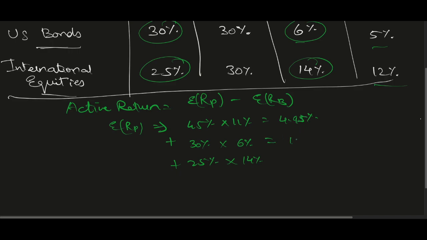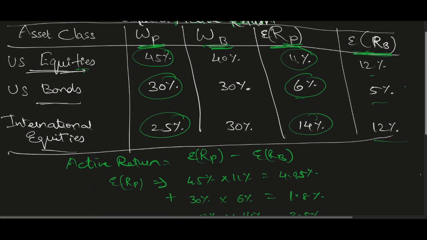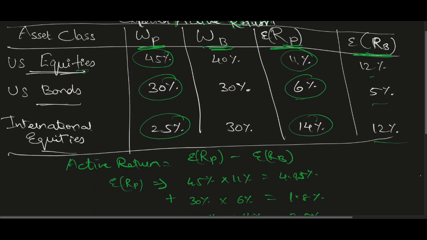This comes to 1.8%. This is 3.5%. So adding all this, expected return of the portfolio is 10.25%.